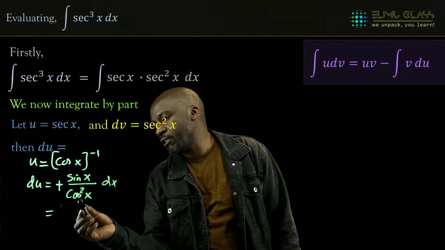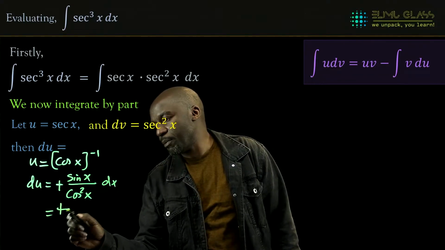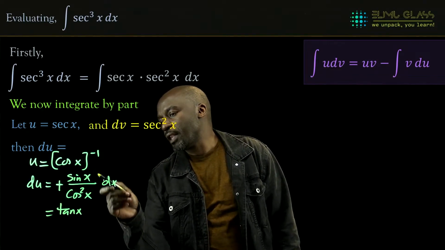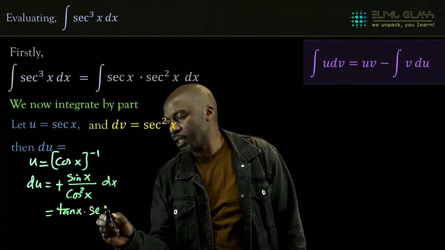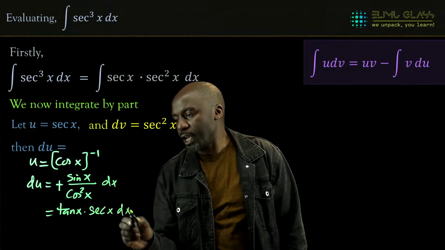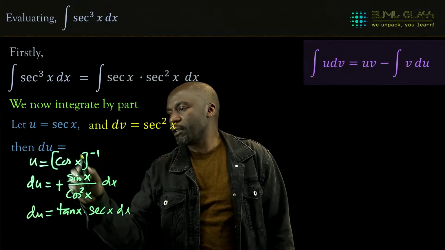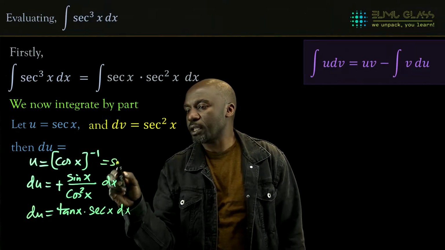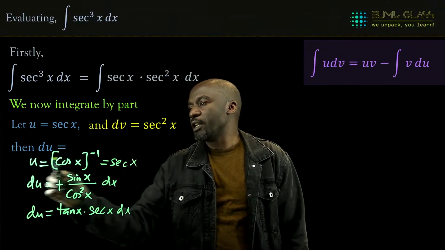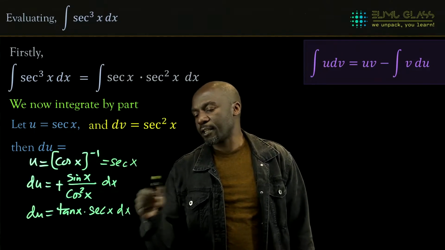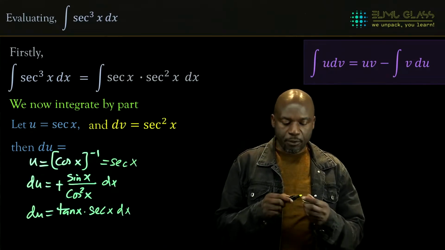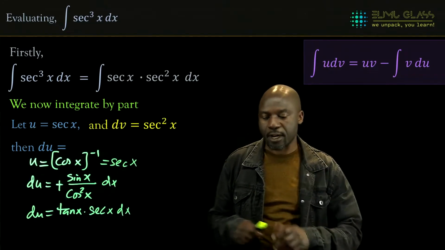There is sine over cosine, which is the same as tan of x, and then there is 1 over cosine that remains behind, and that is the same as sec of x. So the derivative of secant of x is tan x sec x dx.